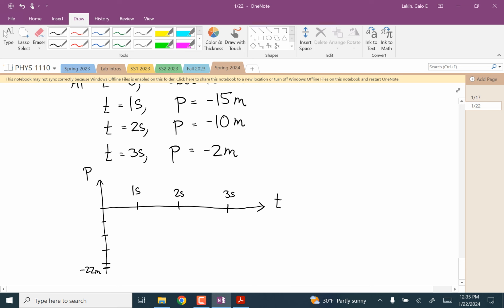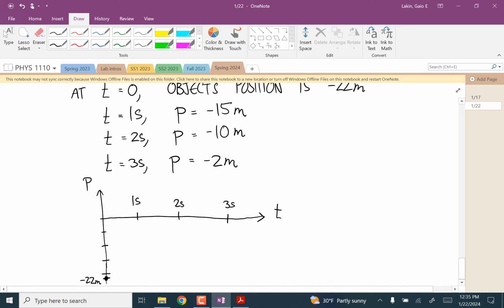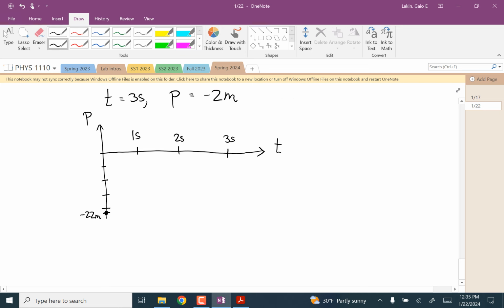At time equals 0, the position is negative 22 meters. At time 1 second, the position is negative 15 meters.